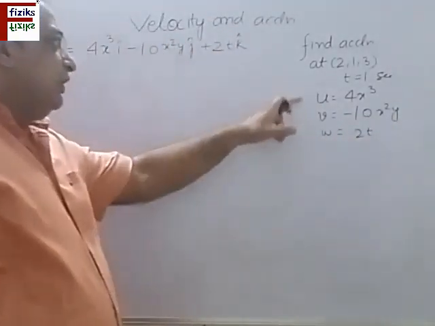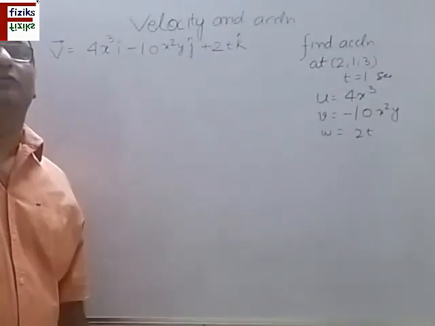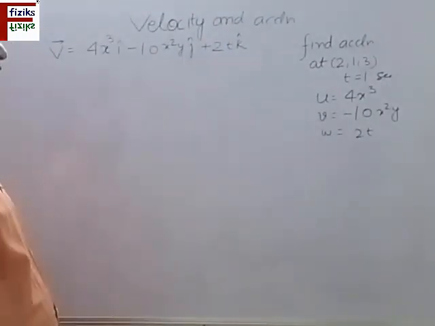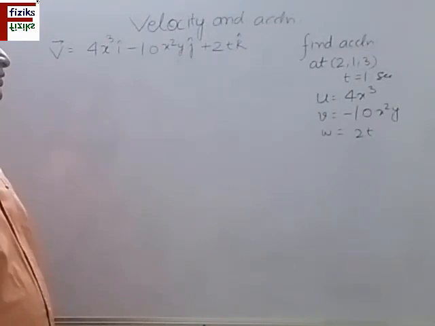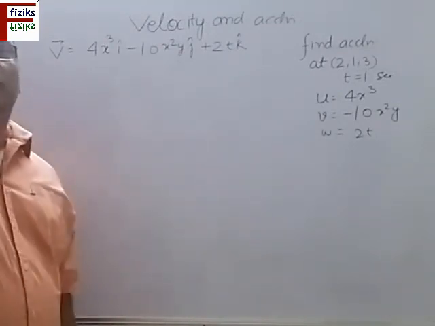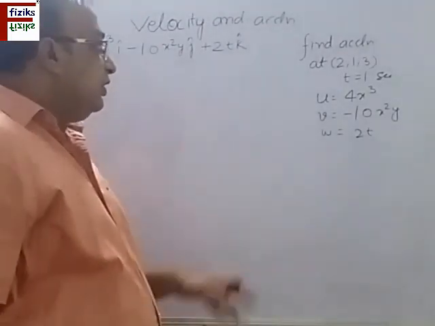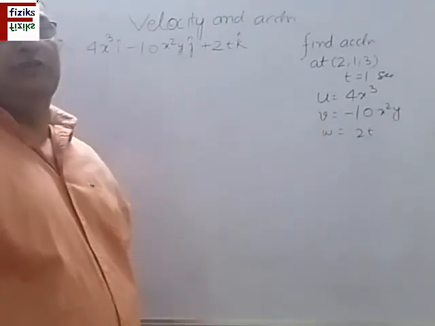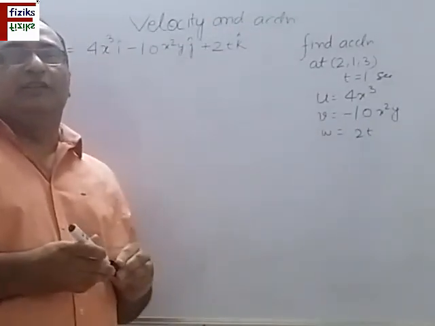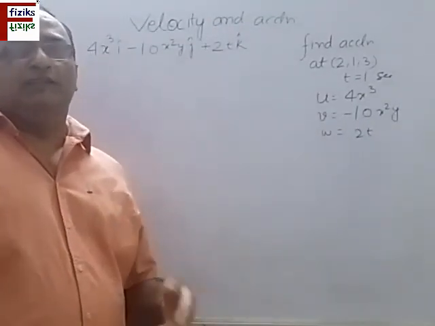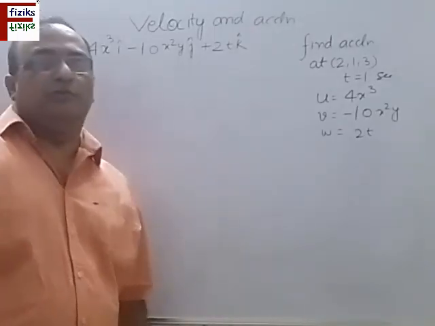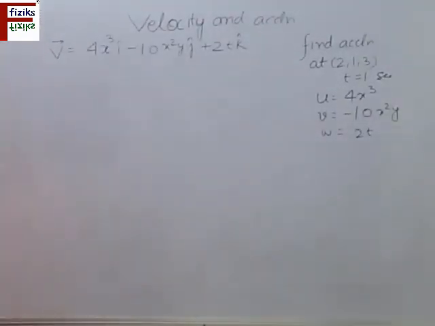So see, u and v are dependent on space coordinates x and y only. There is no z coordinate. It means that this is a problem of two-dimensional fluid flow. w is dependent on time, not on space. So it means that this is unsteady flow, an unsteady two-dimensional fluid flow problem. Now we have to write the value of acceleration.